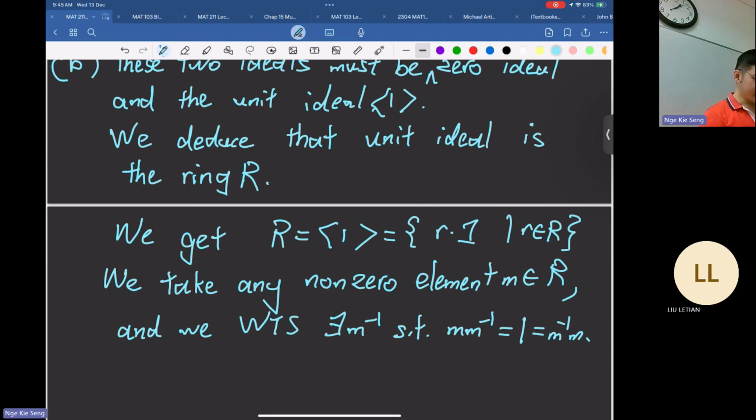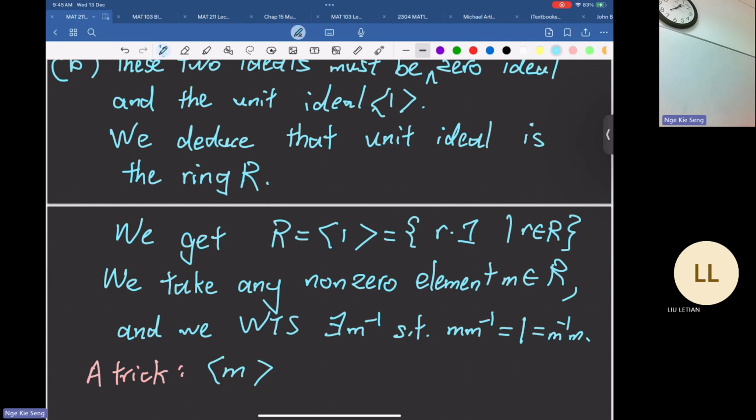If this is non-zero, what can we do? We can play a trick. What is the trick here? We can look at the principal ideal generated by M. But there's exactly only two ideals here.